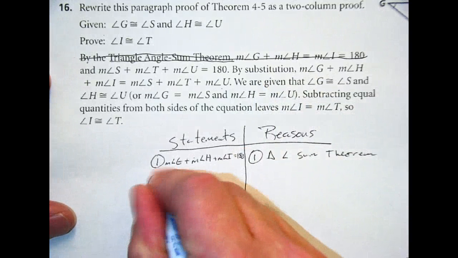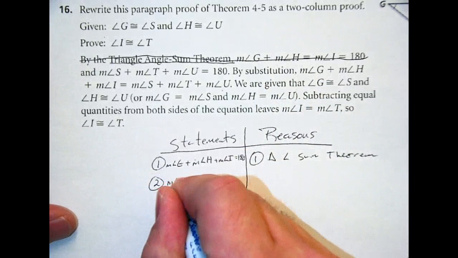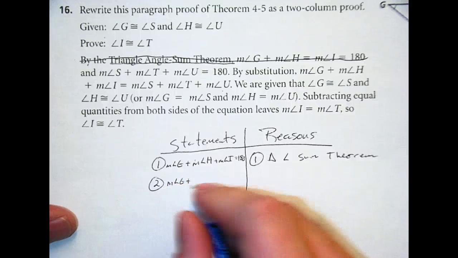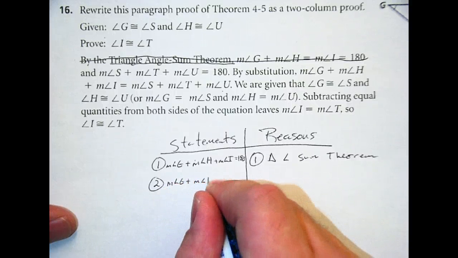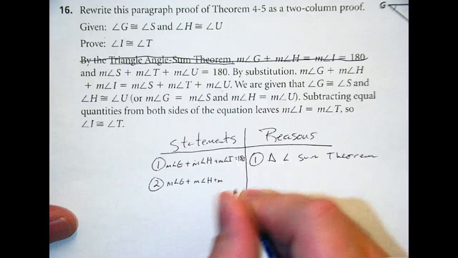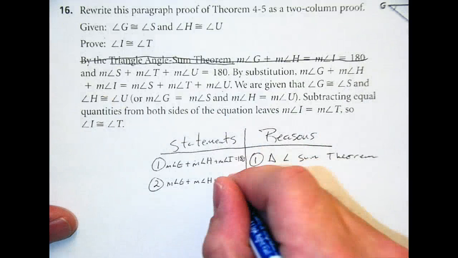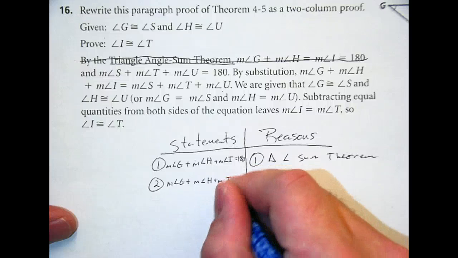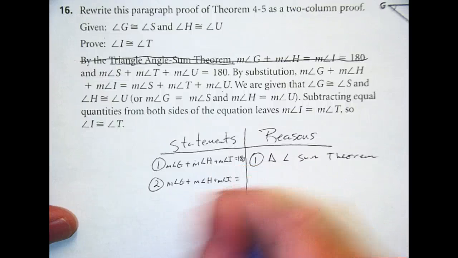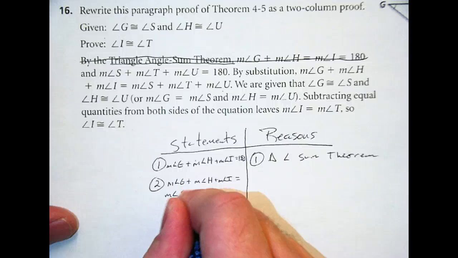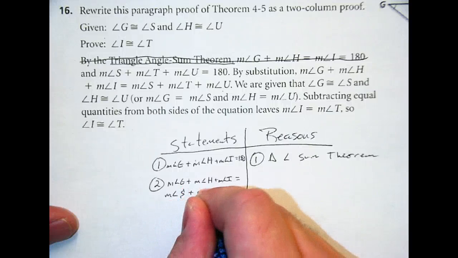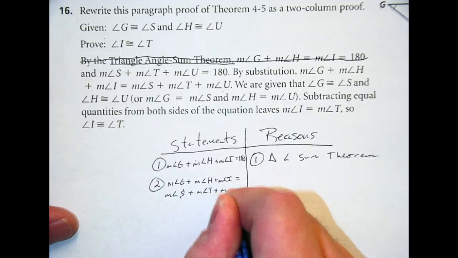So number 2 states measure of angle G plus measure of angle H plus measure of angle I equals measure of angle S plus measure of angle T plus measure of angle U.